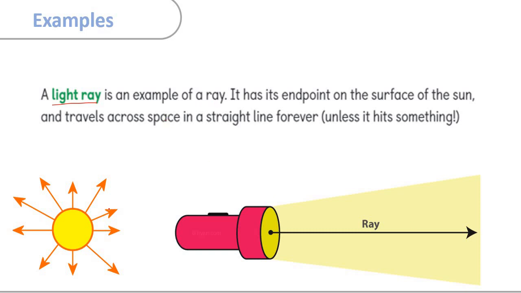Light ray. Example, sun. Torchlight. It has its end point on the surface of the torchlight and it travels across space in a straight line forever unless it hits something.